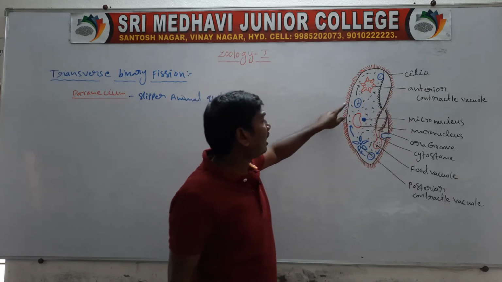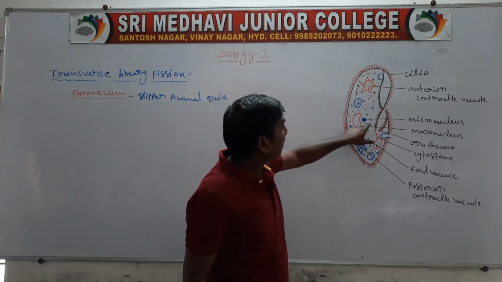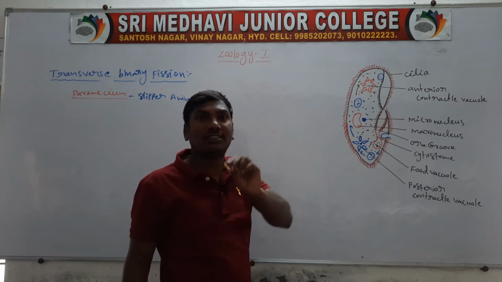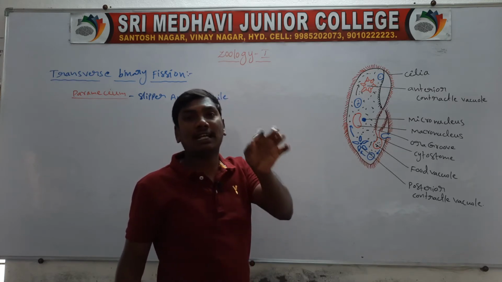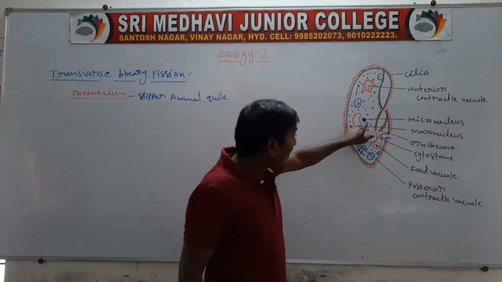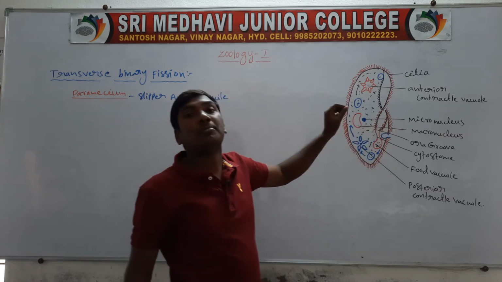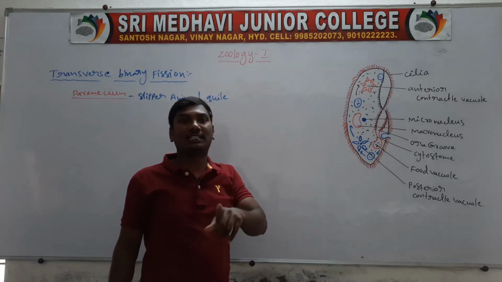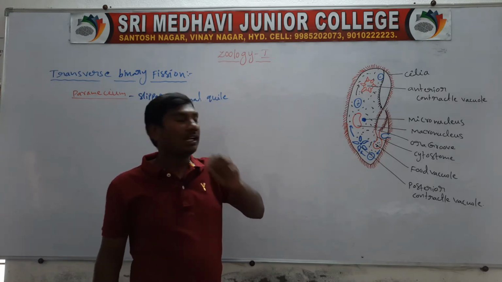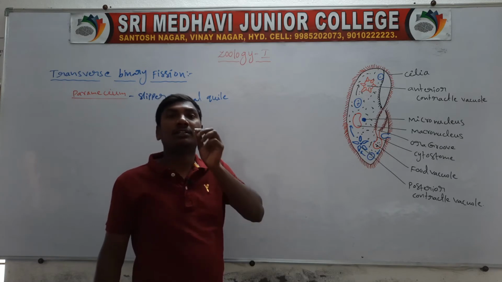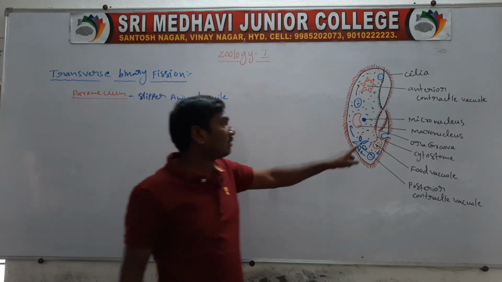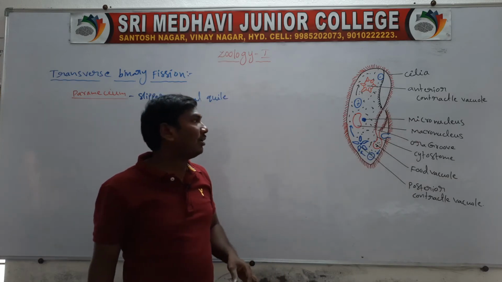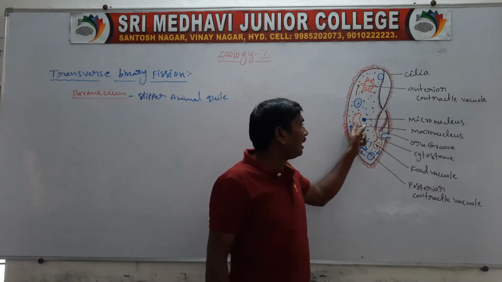Next one. The paramecium contains a micronucleus and a macronucleus. The paramecium contains two nuclei, one small nucleus and another large nucleus. The small nucleus is called the micronucleus.